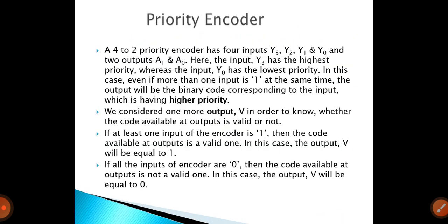Next one is the priority encoder. Priority means importance, which one is high and which one is low. For example, for new joinee degree students, one student is a latecomer.